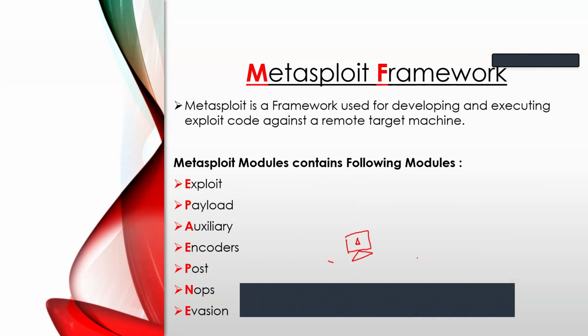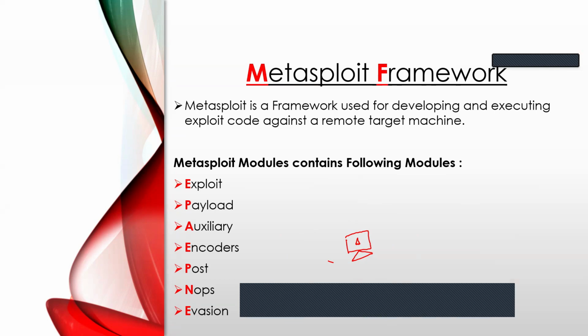If you want to exploit that vulnerability, you need to have an exploit. An exploit is a piece of program or a piece of code which is used to take control of the system by taking advantage of the vulnerability. If you want to exploit any target software, you need to have an exploit. Using that exploit only, you can exploit the target.